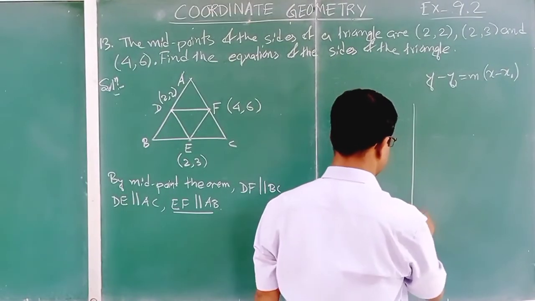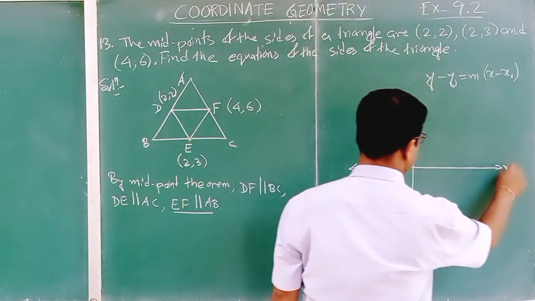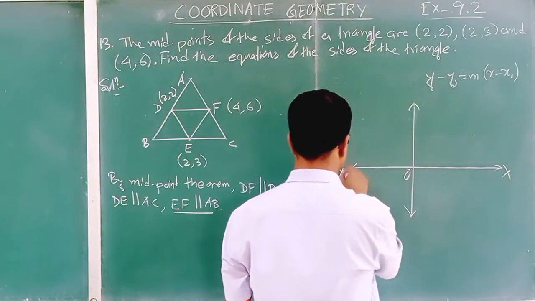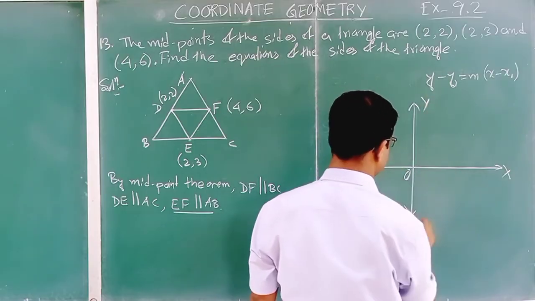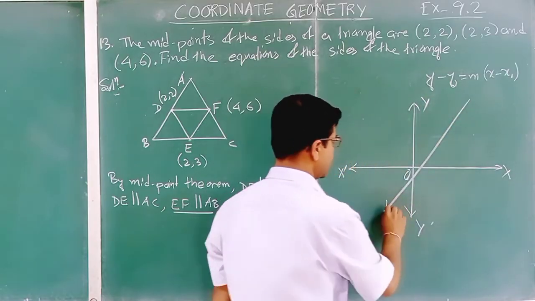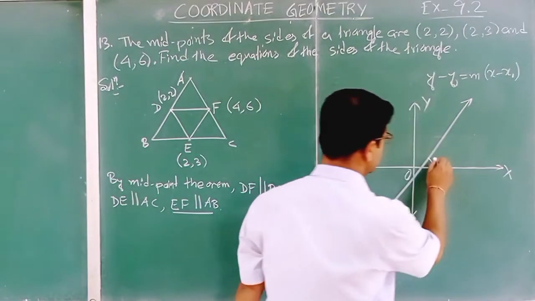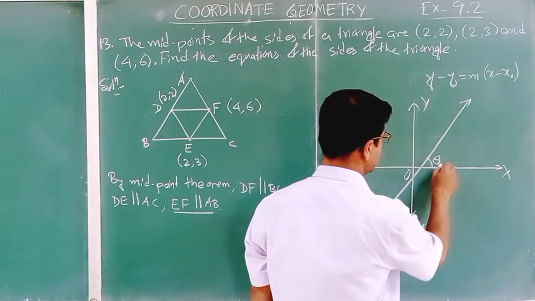What is the concept? Let us go for the concept only. These are the coordinate axes, Ox', Oy'. Now let us take any straight line. We know its inclination is, suppose, theta 1.